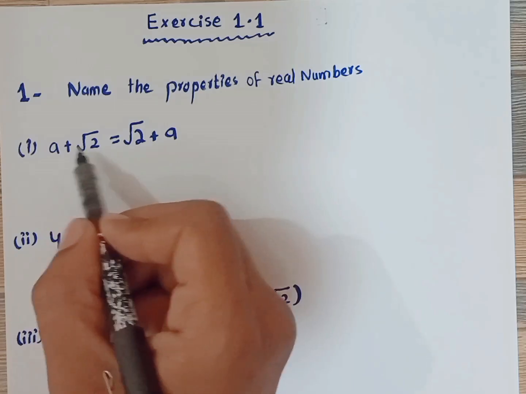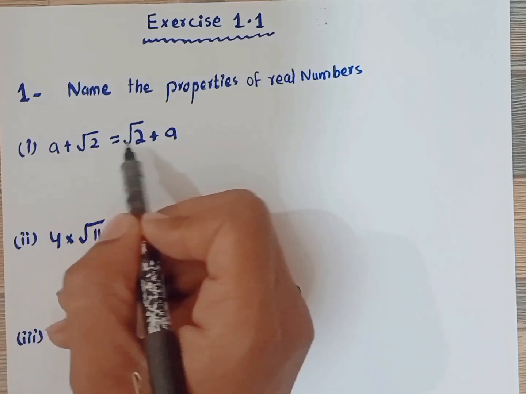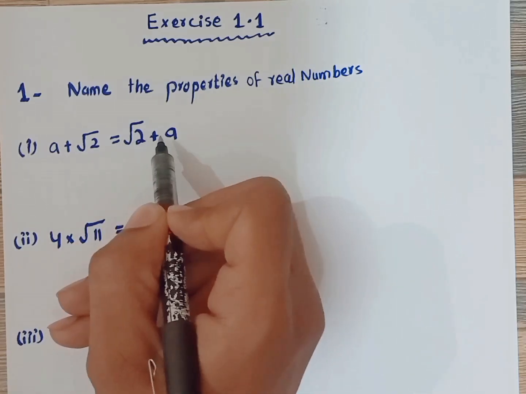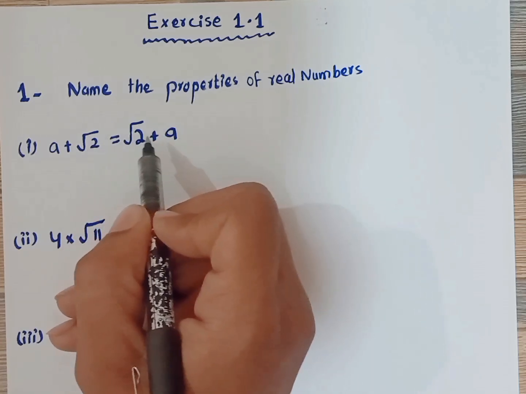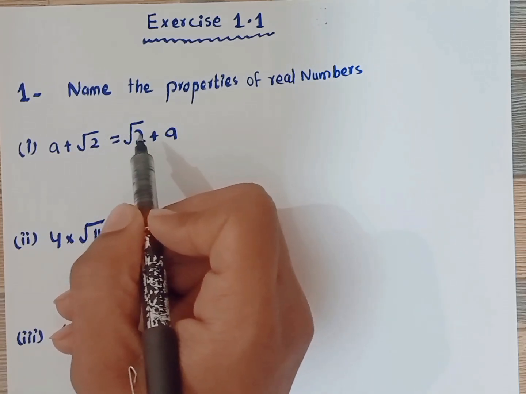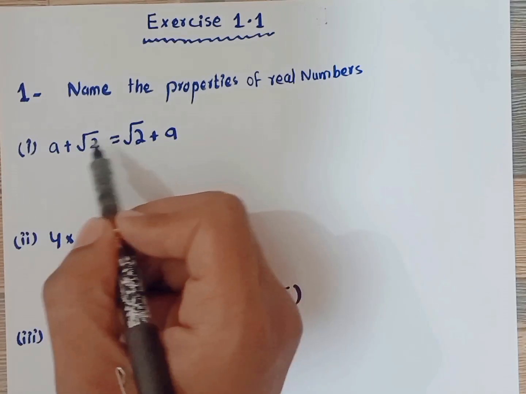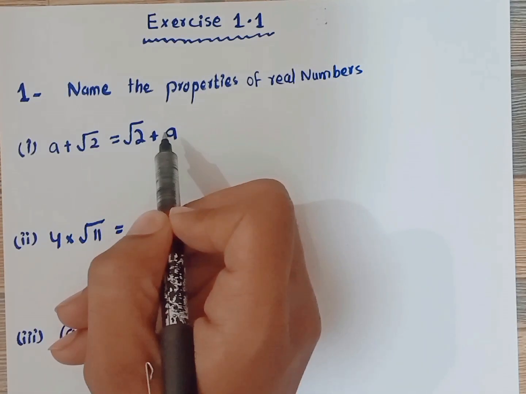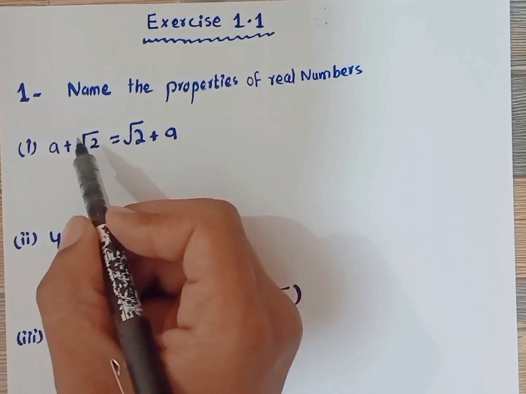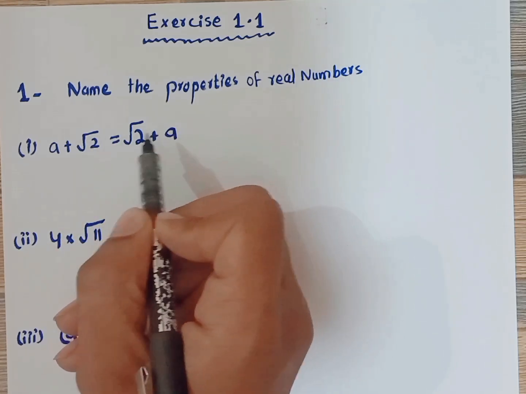So there are two real numbers on one side, and the same two real numbers on the other side. This means it is a commutative property. The arrangement of the numbers does not affect the answer.